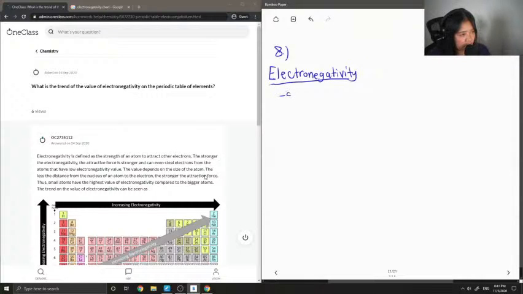So basically, it is the strength of an atom to attract electrons.